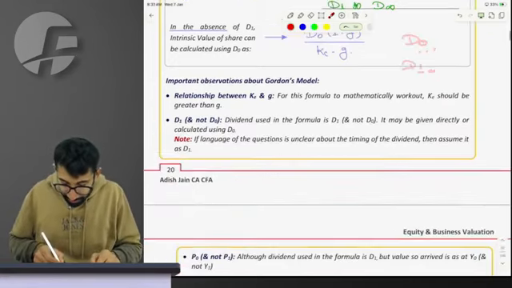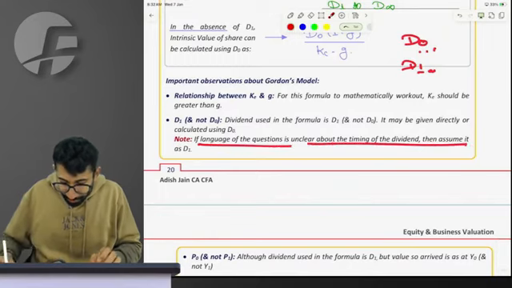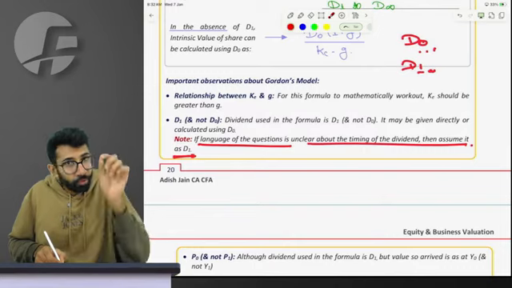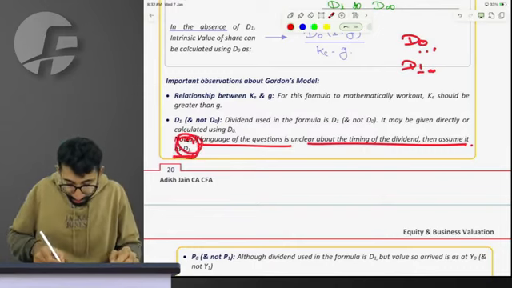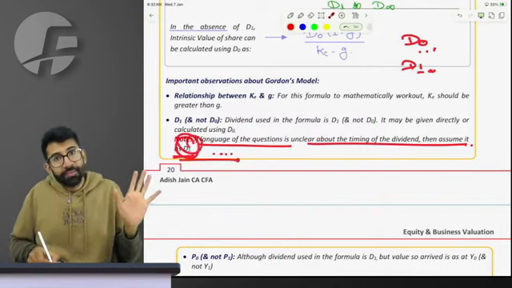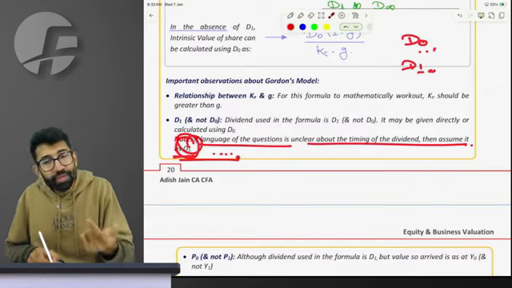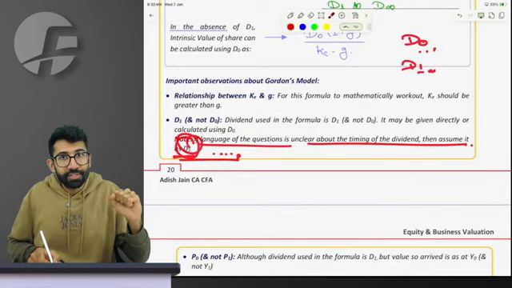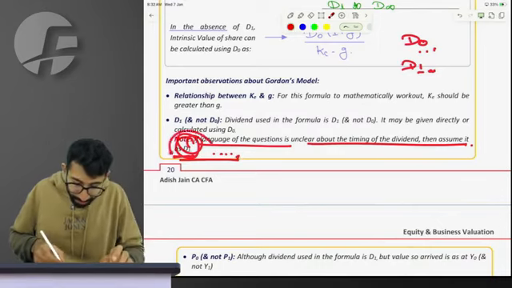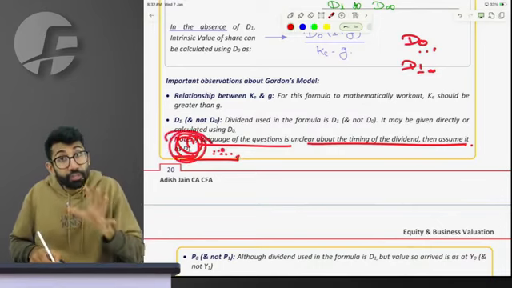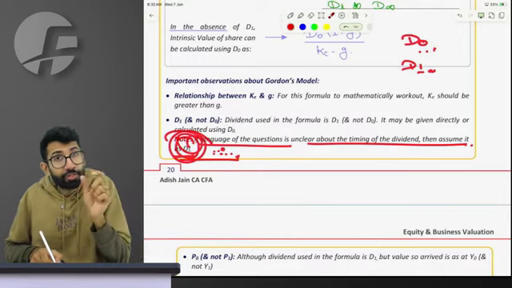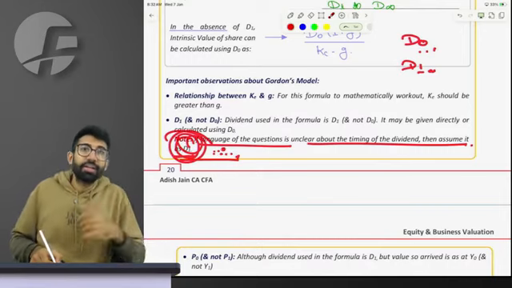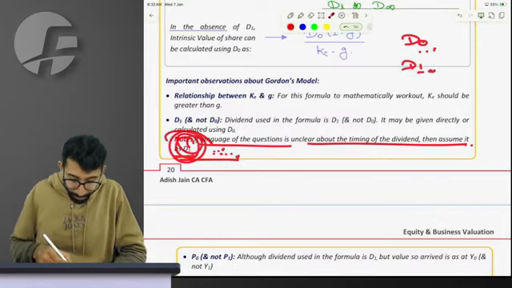In that case, if the examiner's language is unclear about the timing of the dividend, then assume the dividend to be D1. Is it a rule that the institute has made? No. When I observed all those unclear questions, I realized that in 90% of the situations, the institute assumes the dividend to be D1. In some rare cases, they take it as D0.